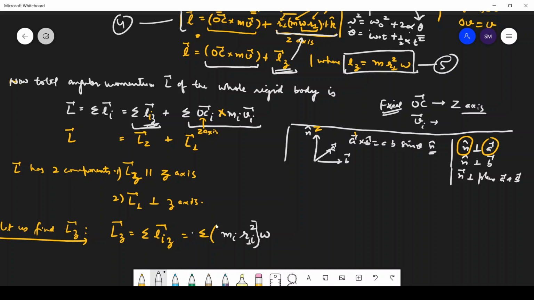Put a bracket over here. So constant values come out of this summation sigma sign, and so that's the magnitude of LZ. Now here it is a vector, so what's the direction? So the direction is along the Z axis, using 5.